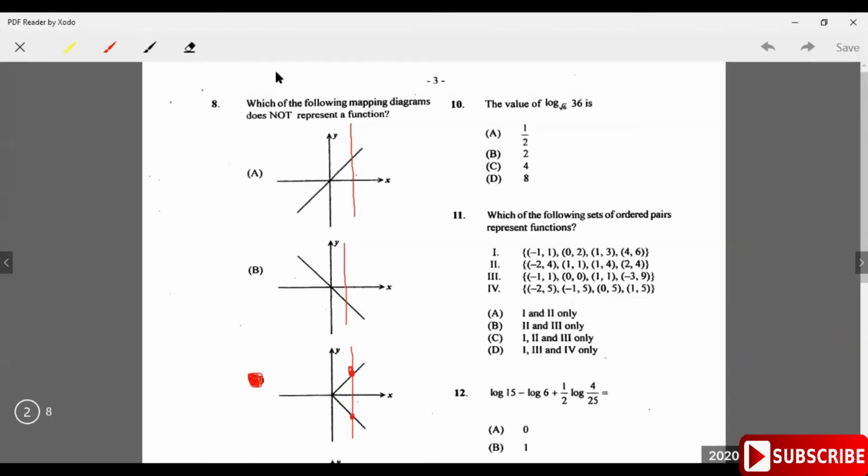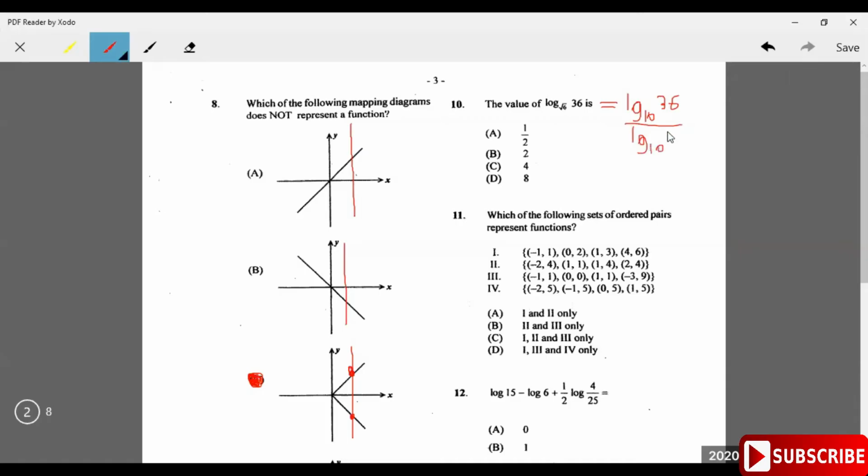Question 10 is asking us to find log root 6 of 36. There are 2 ways we can attempt to do this question. Let's do it the easy way. You can convert it into log to base 10, and it is log to base 10 of 36 divided by log to base 10 of root 6.